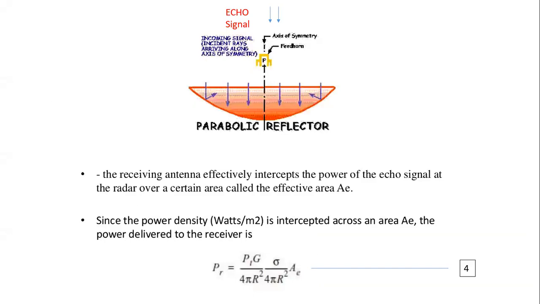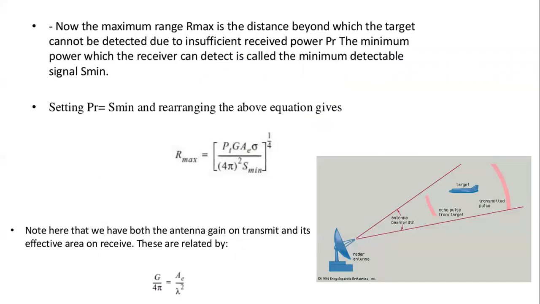Our equation has become, for the receiving antenna, Pt into G into sigma into AE divided by 4 pi r square whole square. Now here, this is what we are generalizing. Now what we said in the beginning, we want to trace the maximum range.